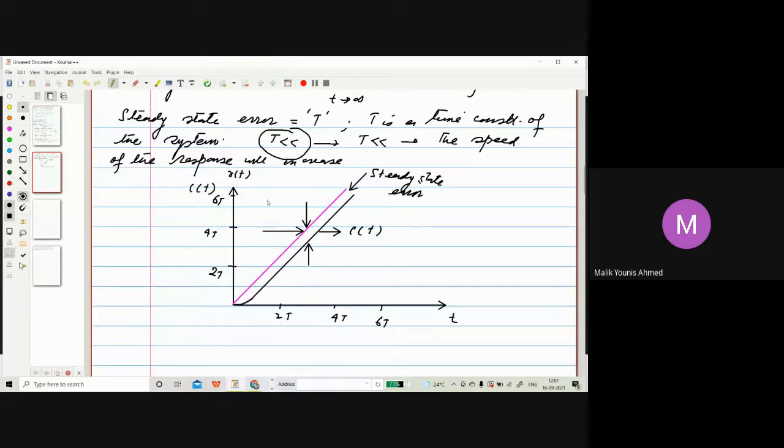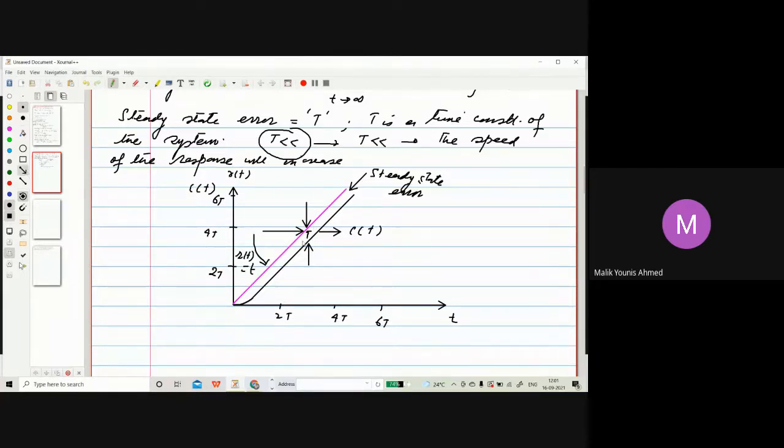We also treat this as input, that is, input minus output is error. Actual desired response should be this one, but we are not getting it. We were getting some error, which is equal to small t.